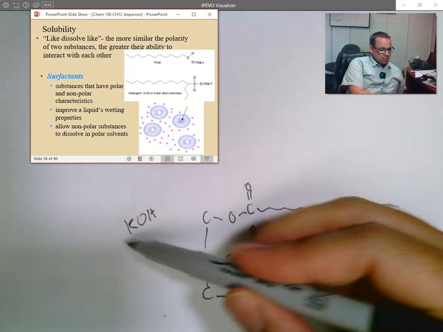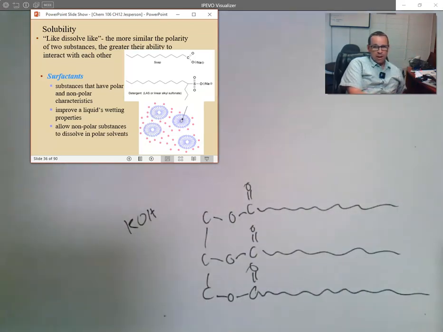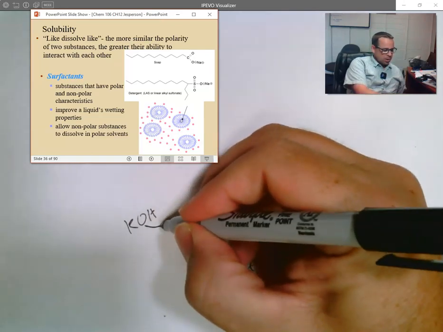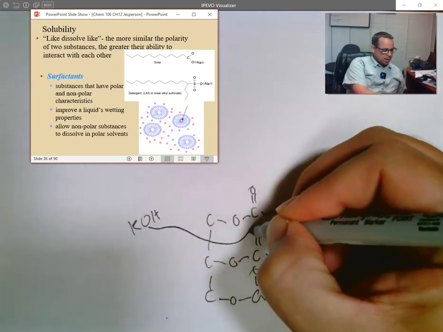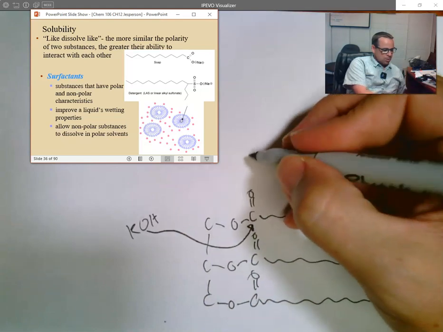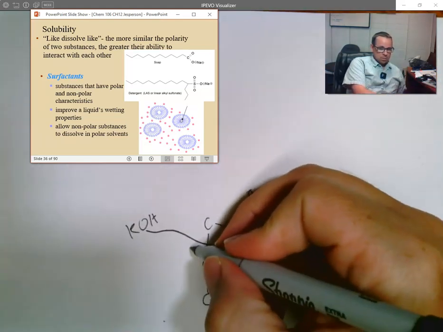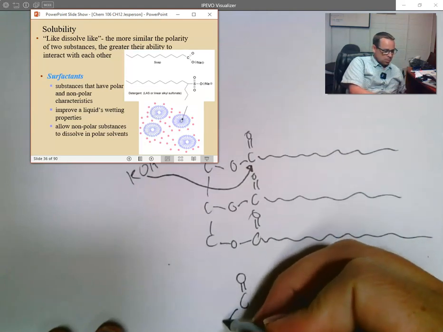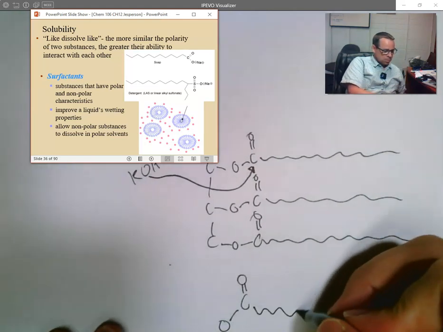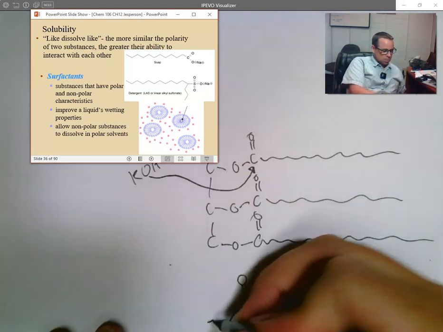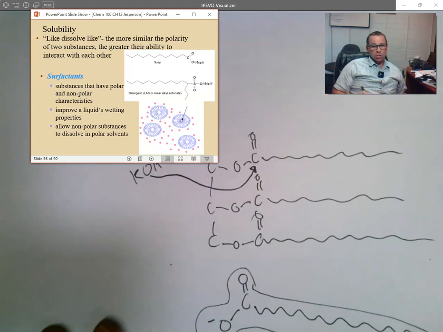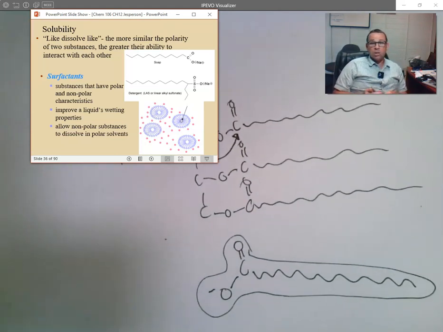And if you mix those ashes with the leftover fat from your animal that you're barbecuing or whatever, the oxygen here will actually attack this carbon and result in this molecule right there. And that molecule is a soap molecule.